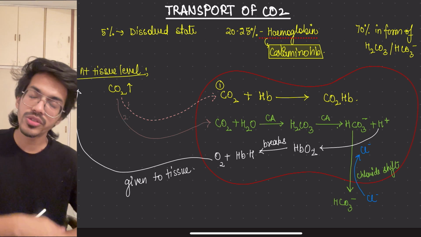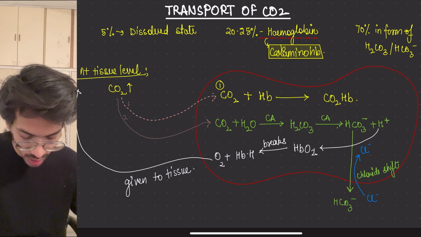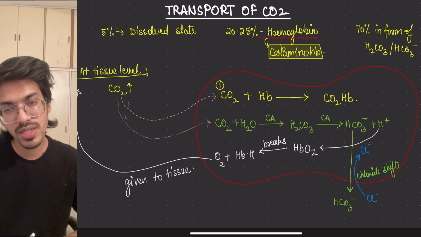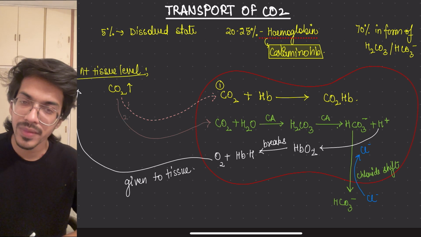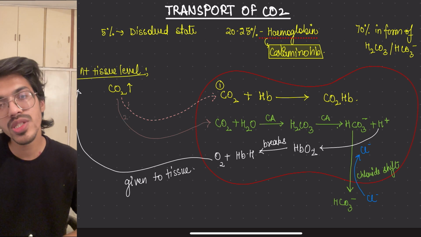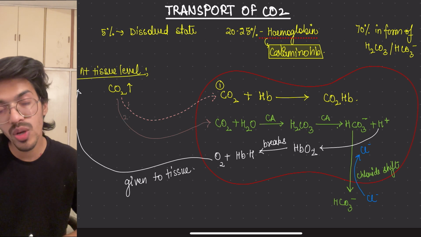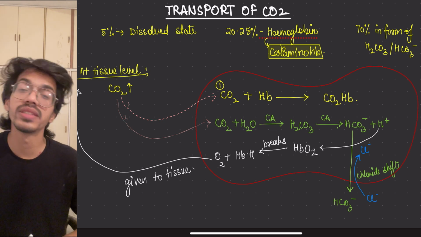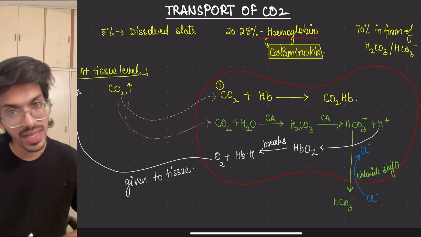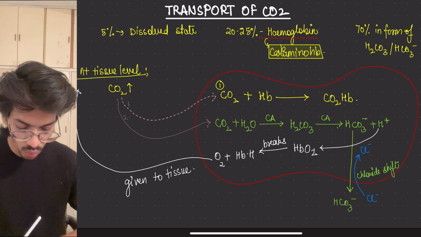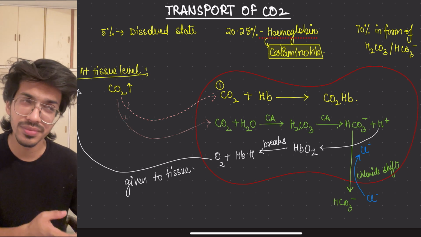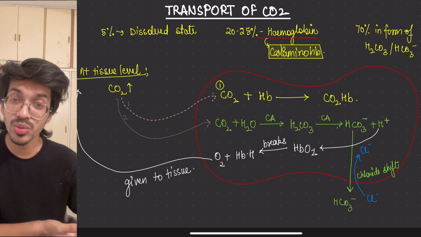Now some of the bicarbonate is going out, and H positive is making a bond with hemoglobin. This hemoglobin and H positive bond forms only when there is a high carbon dioxide concentration. Let's see what will happen with this whole structure when it reaches the lungs.